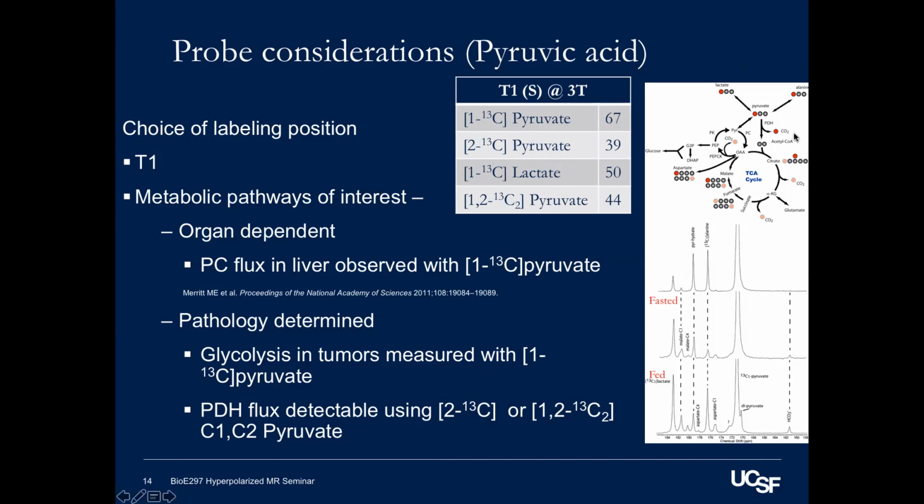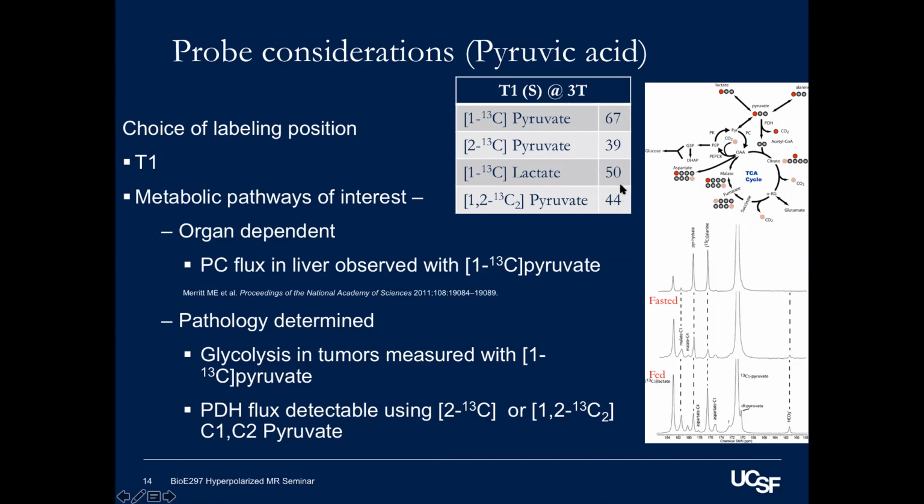For this, you really need to know the biology you're trying to answer, right? The very first step of pyruvate to lactate would work for C1 or C2, but your T1 between the C1 and C2 is going to be drastically different. That's why I put the T1s here.